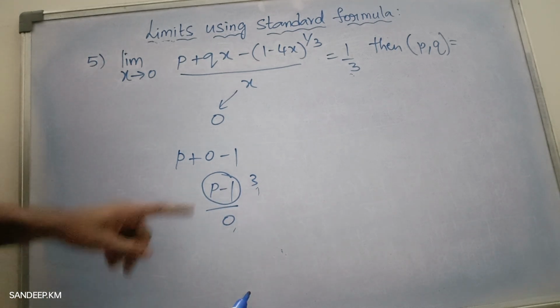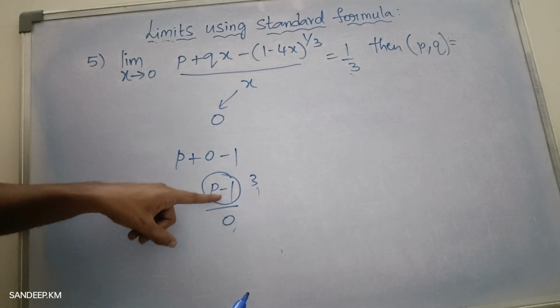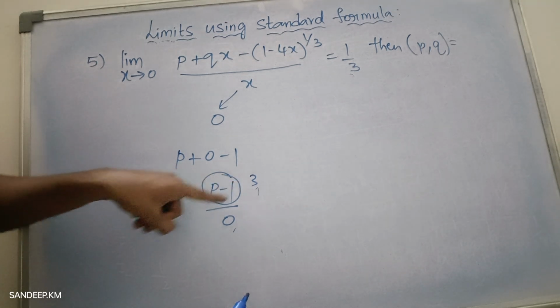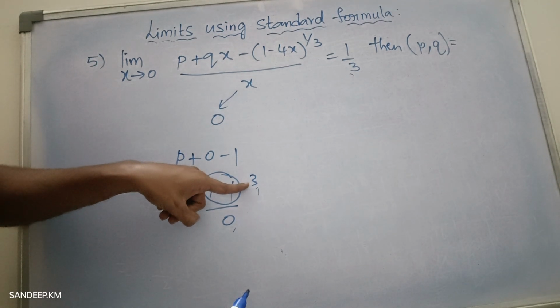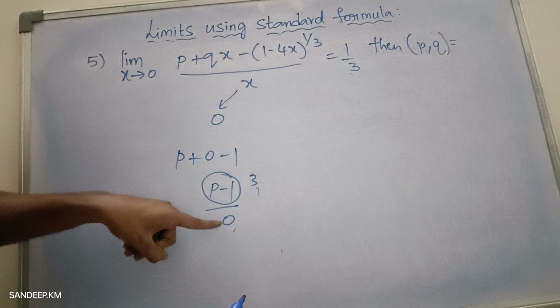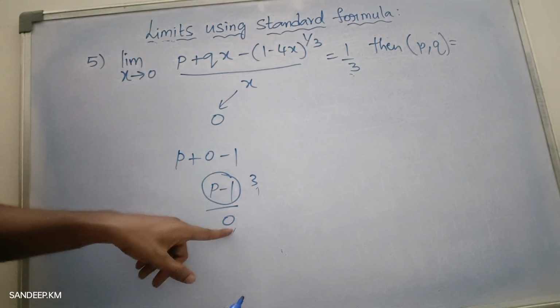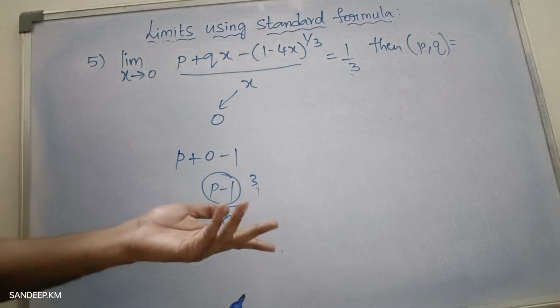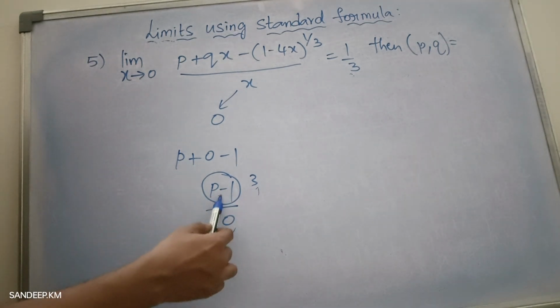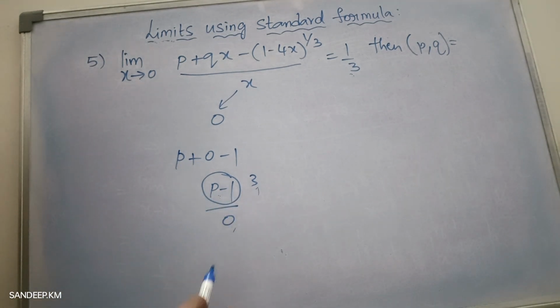Correct or not? If the numerator p minus 1 is not 0, and if our numerator is some other real number, say 3, you'll get 3 by 0. That means the answer is plus infinity. And if the numerator is any other negative number, you will get minus infinity. You will not get 1 by 3 as the answer.